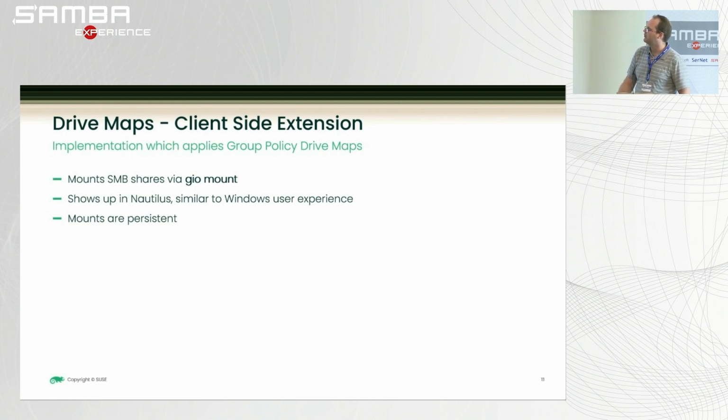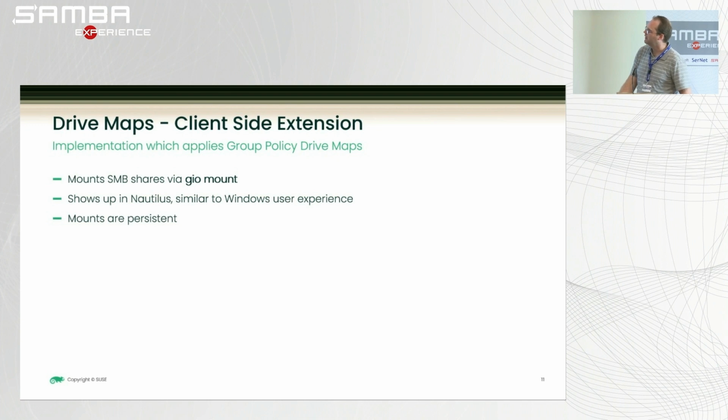And these SMB shares that you specify in GPME can now be applied, or will soon be able to be applied, hopefully in 4.19. It's using the GIO mount command, so it shows up in your favorite file browser as a mounted share.